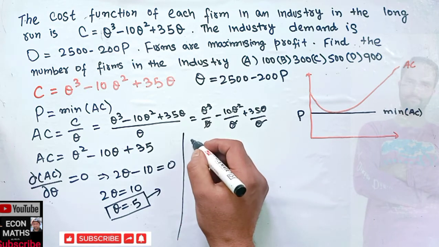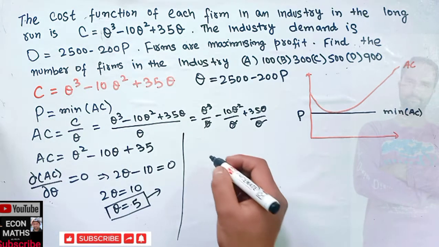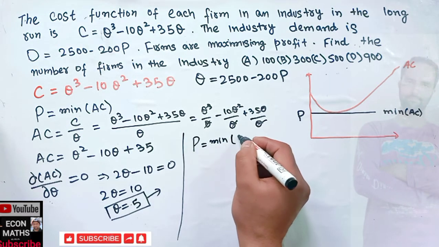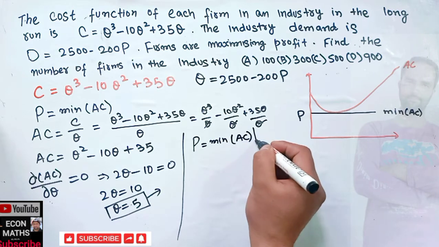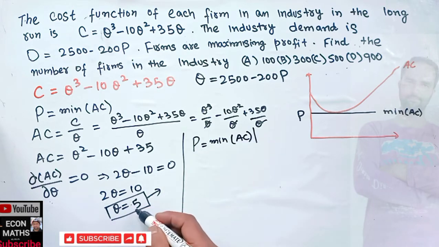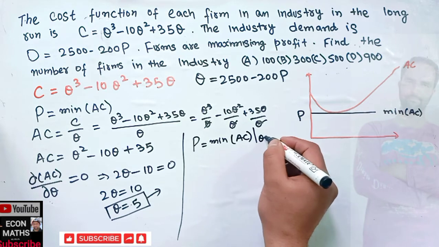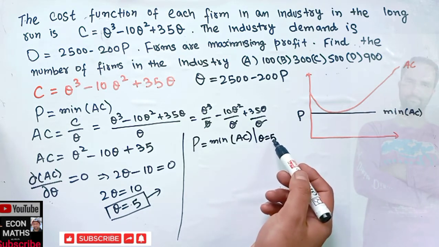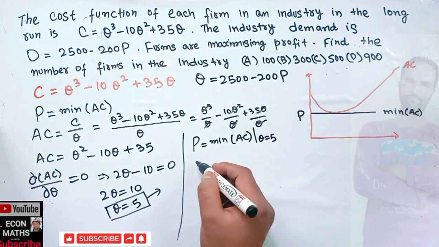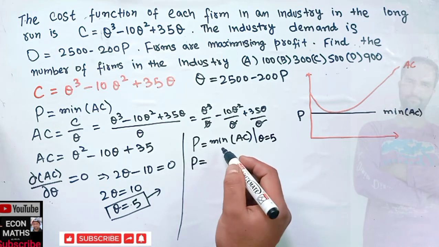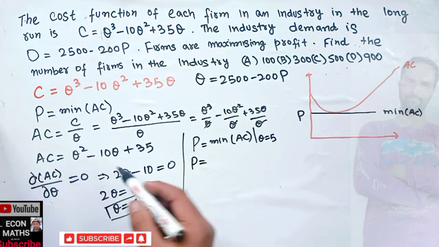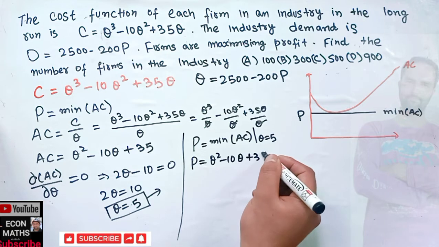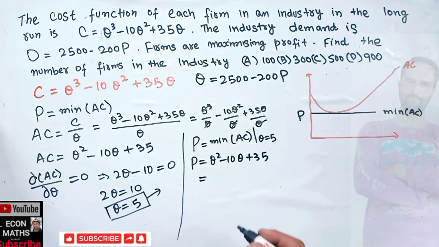Now what will be the long run price? The long run price is P equal to the minimum of average cost, and we got that each firm is producing 5 units. Just plug Q = 5 into the average cost function, which will give us the long run price. Average cost is Q^2 - 10Q + 35. In place of Q, evaluate at 5.